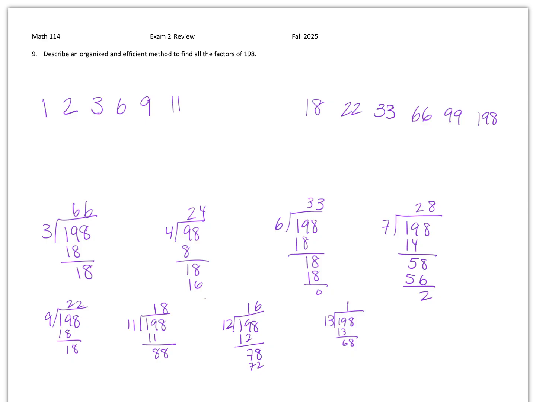What about 5 times? 5 times 13 is 5 times 10 plus 5 times 3, so 50 plus 18, that's 68. Okay, 5 times 13 is 68, so my remainder is 0. So 13 is a factor. 13 times 15.